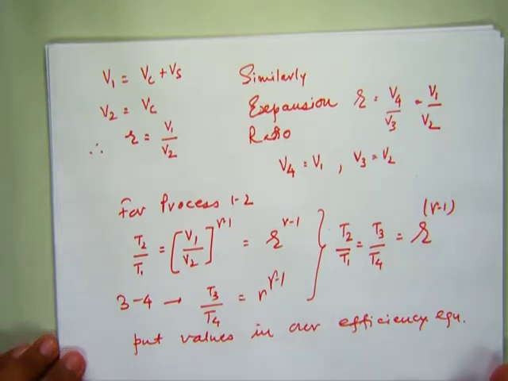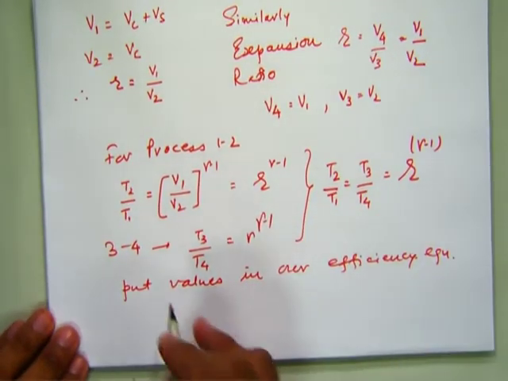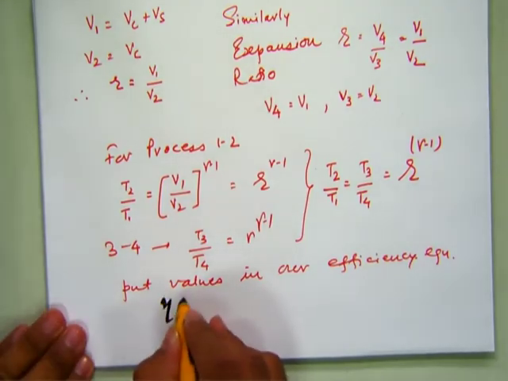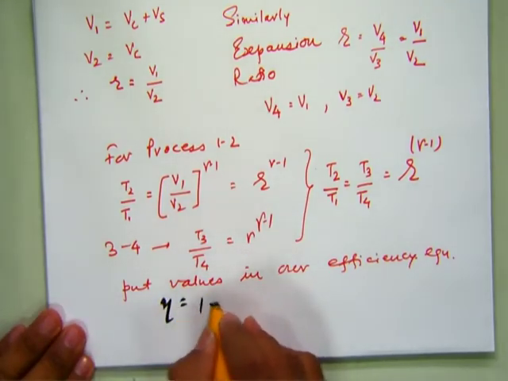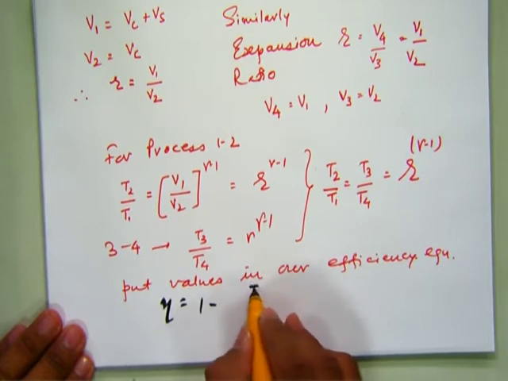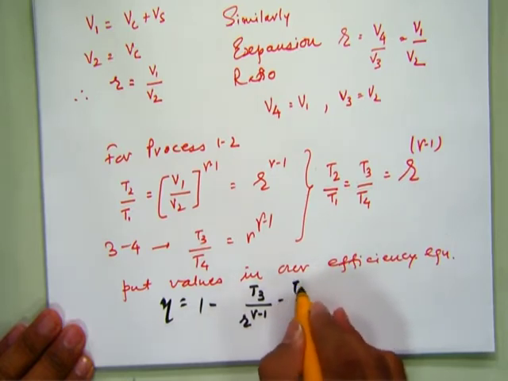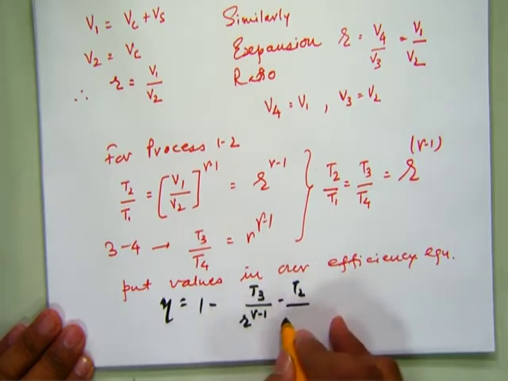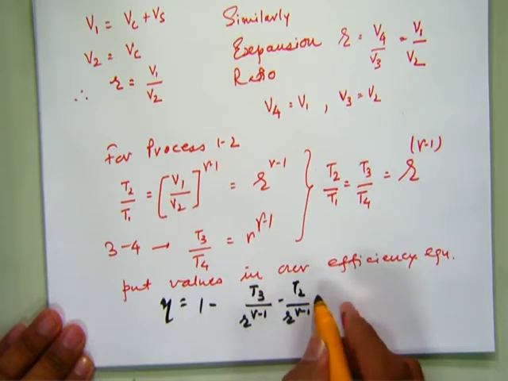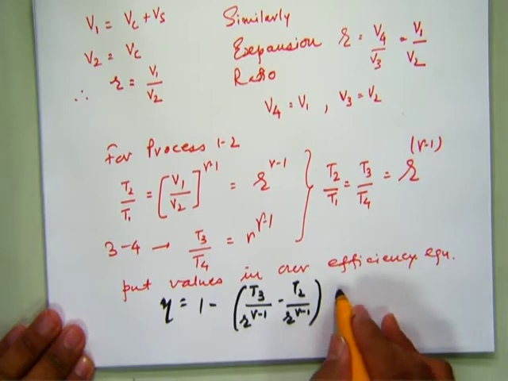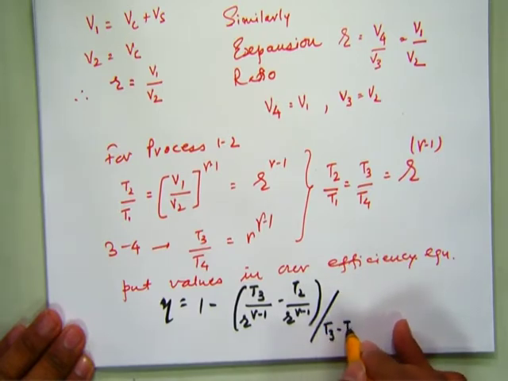In the efficiency equation, if you put this in, you will have eta is equal to 1 minus T3 upon R raised to gamma minus 1 minus T2 upon R raised to gamma minus 1, divided by T3 minus T2.